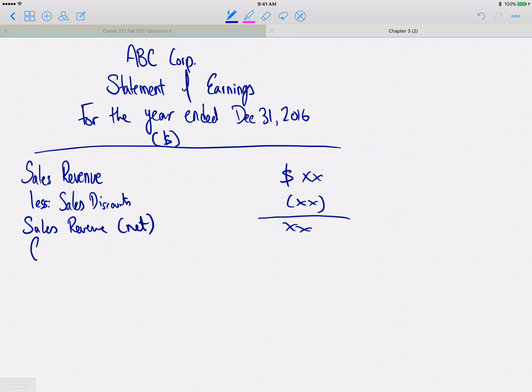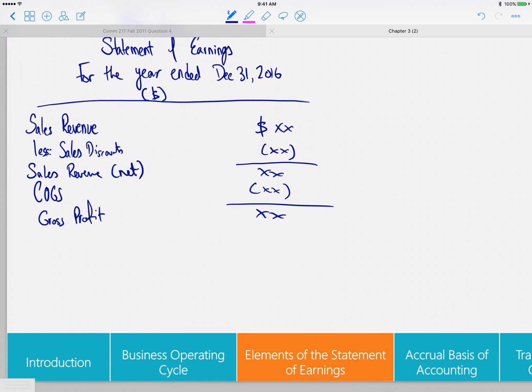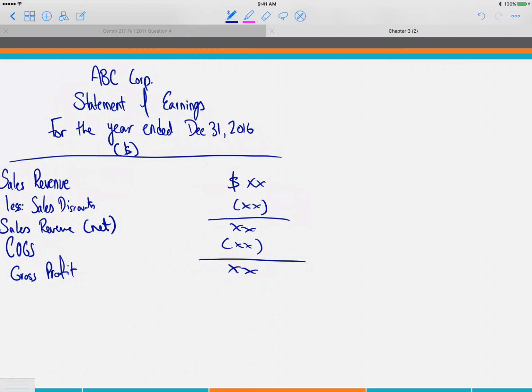We would then subtract our cost of goods sold. And this would give us our gross profit. And as I mentioned before, this is the amount that we're going to use to pay off the rest of our expenses. So let's continue.